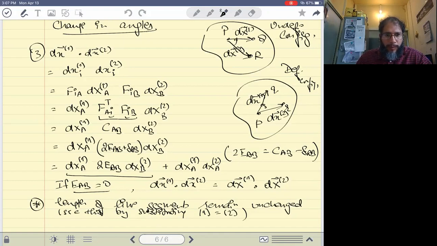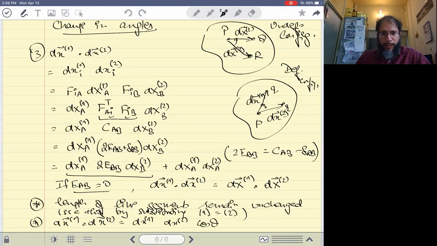Now, what we also see, so if the lengths are the same, now let's not put 1 equal to 2. Now we already know that lengths are the same. So I can write my d small x1 dot d small x2 as the length d small x1, the length d small x2 times cos theta. Okay. If the lengths are the same, then what we see is that the angles are also the same.